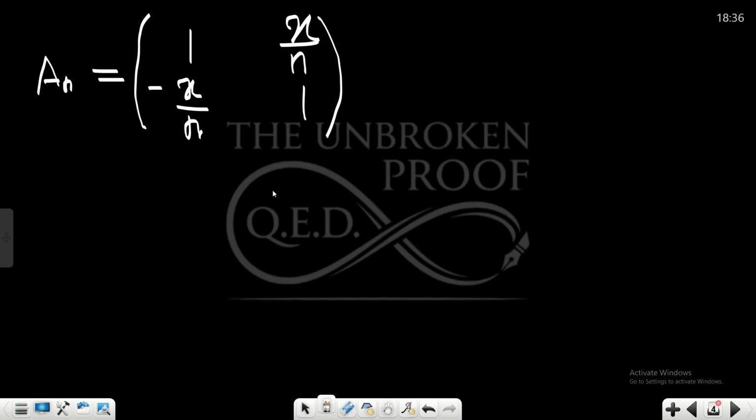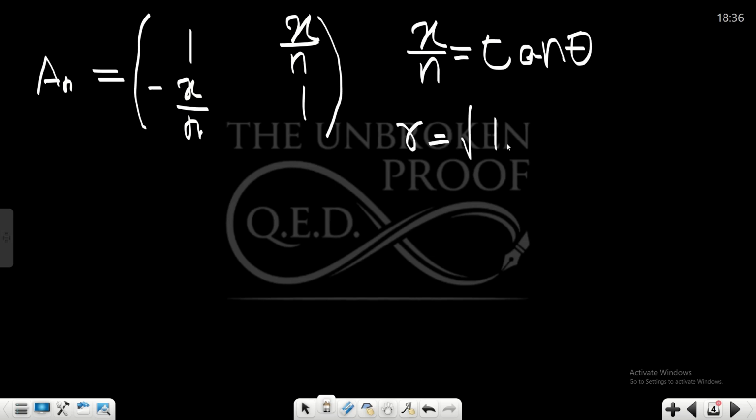This is just in a form. Now what we are going to do is take x by n as tan theta, and when it comes to r, which is the modulus, we will take the square root of 1 plus x by n whole square. Simply what I'm doing is representing it in the polar form, that's it.